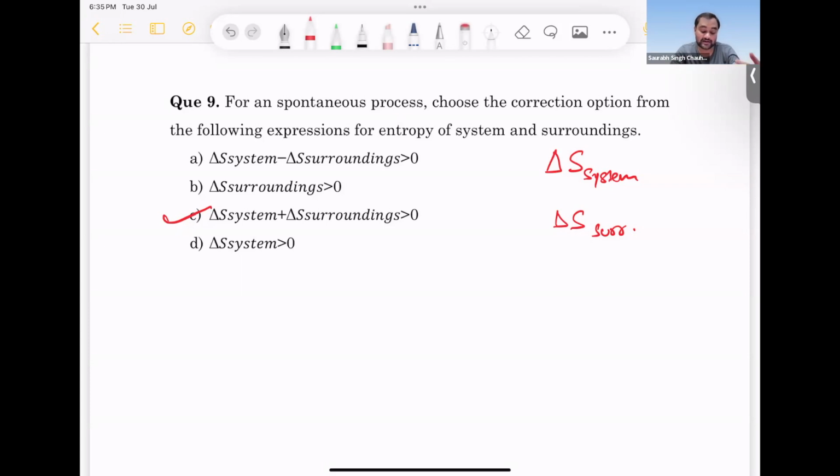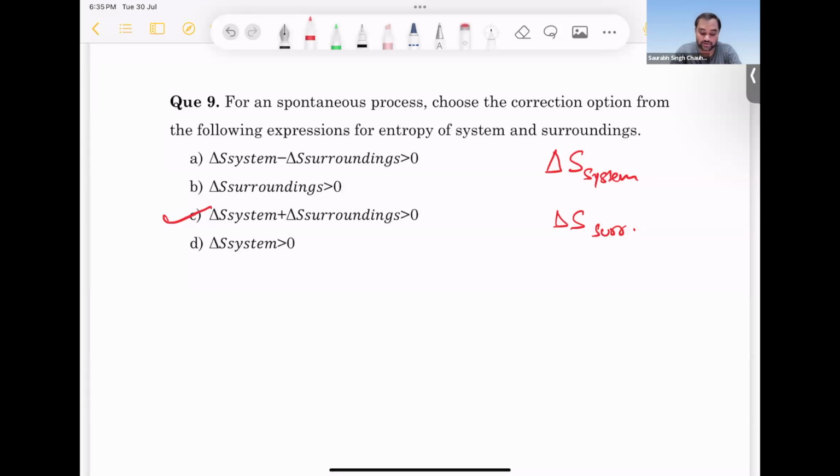Otherwise, if the entropy generation is very high and dominates the entropy reduction due to the heat rejection, then again the whole entropy change can become positive. So the entropy change of system plus entropy change of surrounding will always be positive. For system alone, it can be positive or negative.